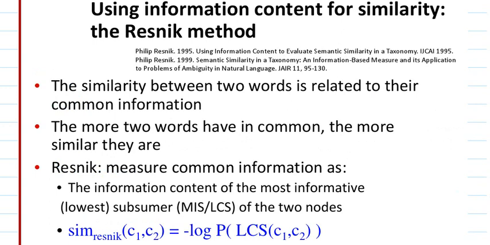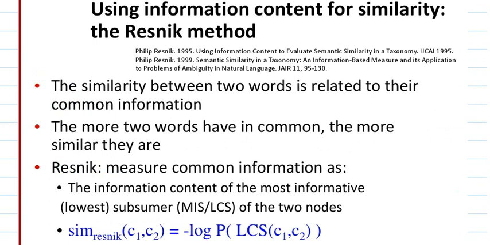The theme behind the Resnik method is that the more the words have in common, the more similar they are. So the more common information two words have, the more similar they are.